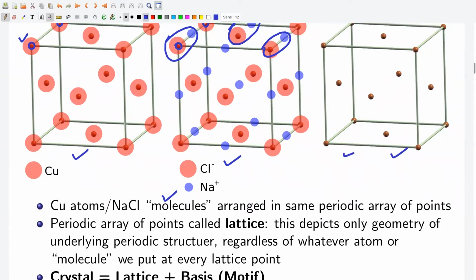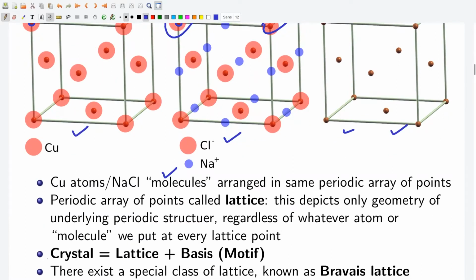This depicts only the geometry of the underlying periodic structure, regardless of whatever atom or molecule we put at every lattice point. We can say that a crystal is made of two things: lattice and basis. So we have these imaginary lattice points, and what is the basis? In the case of copper, the basis is just a single copper atom.